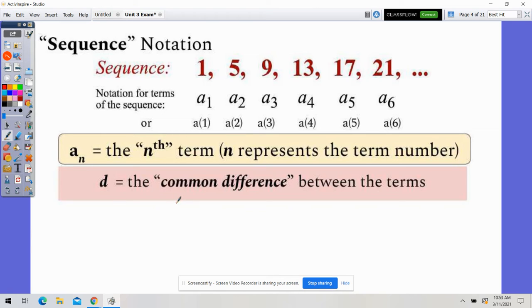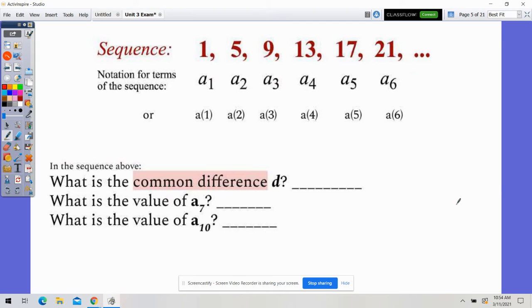D is the common difference between the terms. So going back previously, what we added or subtracted to get to the next value would be the common difference. So for example, looking at this same sequence, what is the common difference, which is labeled as D?